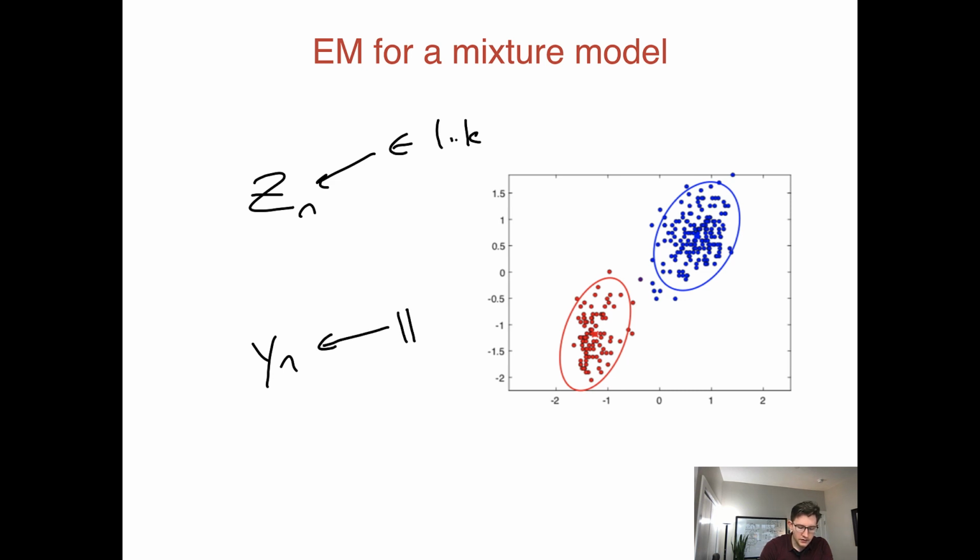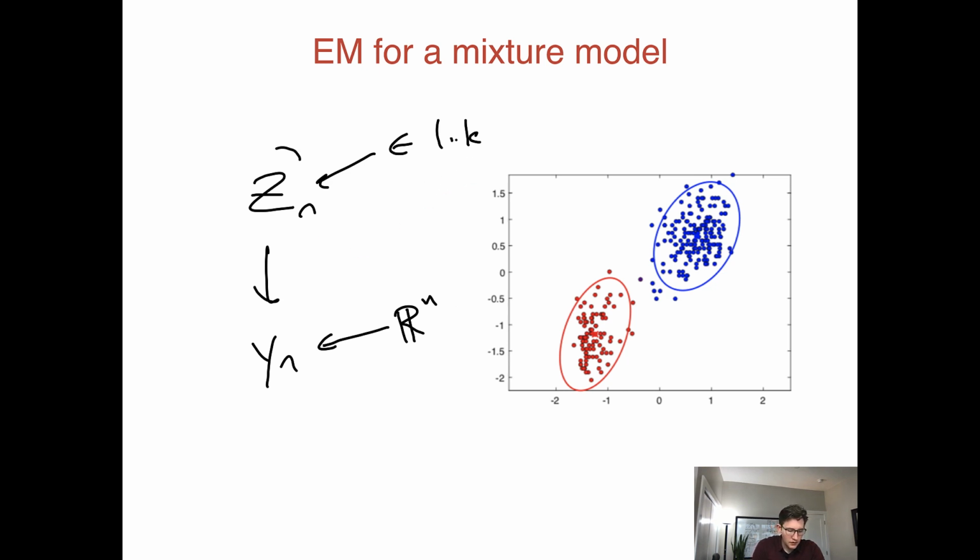This is a real vector. So in this case, for this problem we're looking at here, this is going to be a vector over two values. So this is a vector in R^2, and y depends on z of n. And in this case, we're using k equals 2.